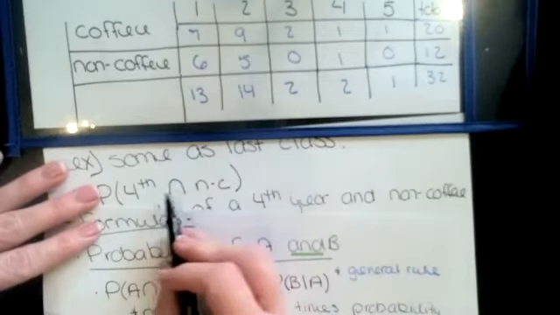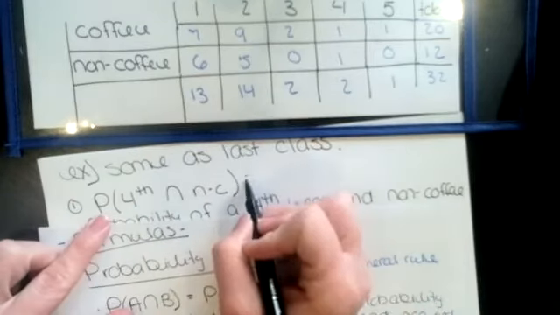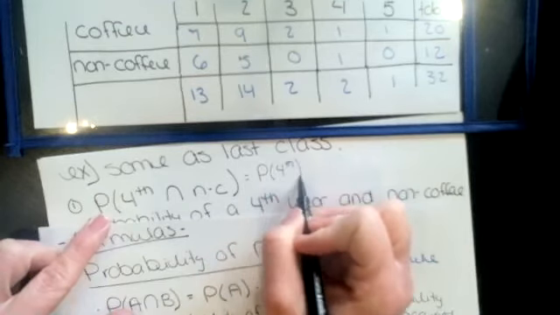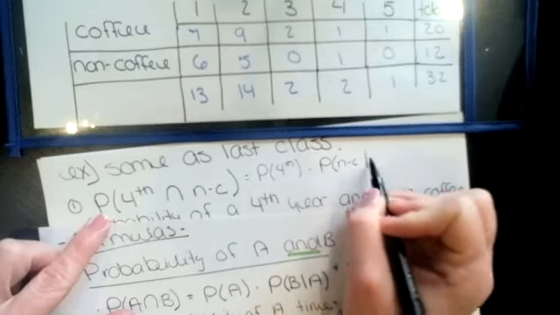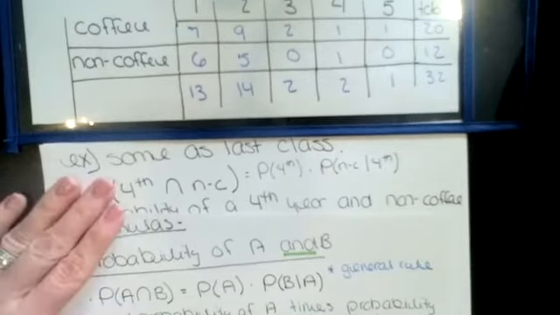I'm just going to write it in terms of my events I'm looking at here. So here I'm going to have the probability of a fourth year times the probability of a non-coffee given the student is a fourth year, like that, okay?